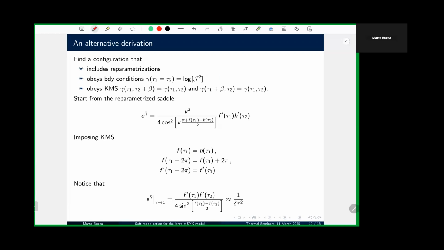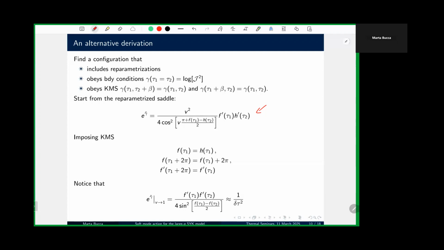So what you can do is you can start from your reparameterized saddle, where you have v squared over 4 cos squared of v times pi plus f of tau 1 minus h of tau 2 over 2 times f prime of tau 1, h prime of tau 2.